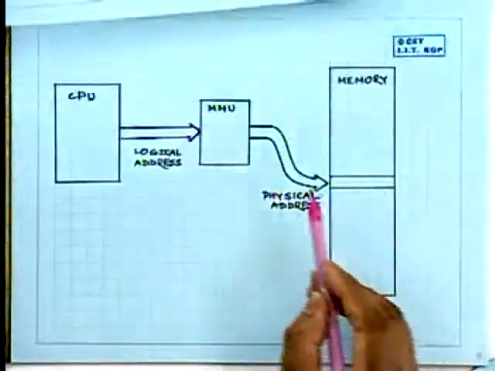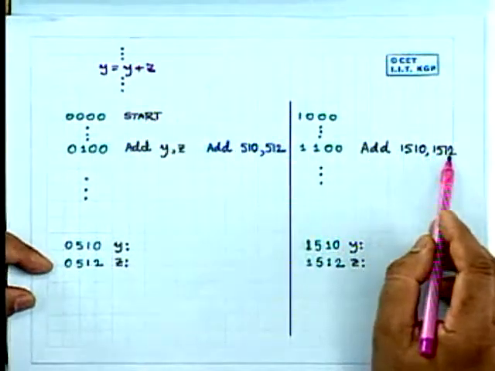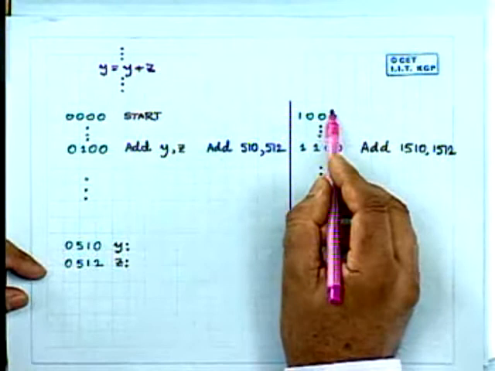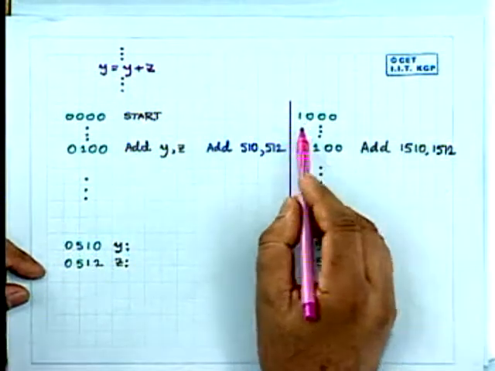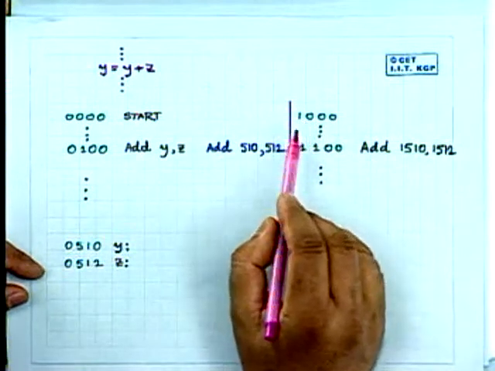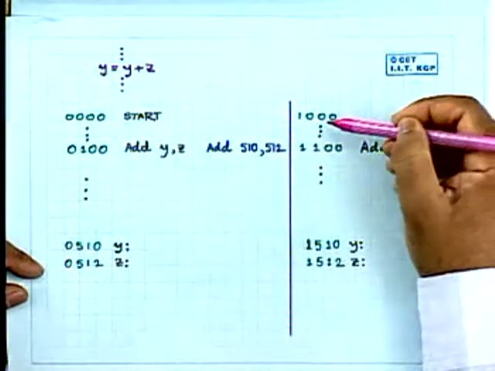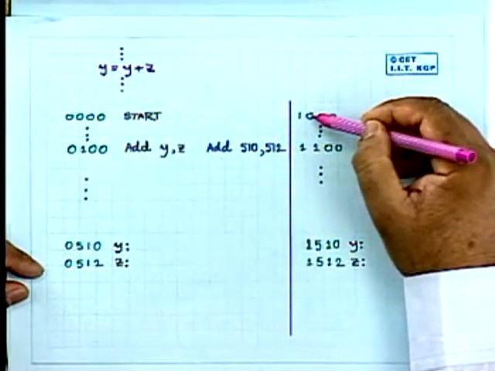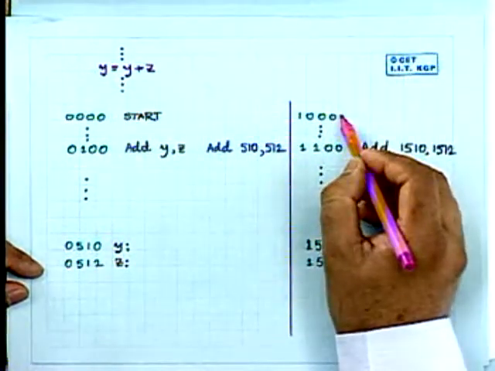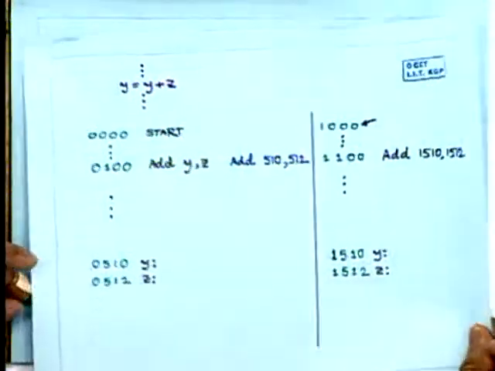To generate this 1510 and 1512, the memory management unit has to be given the information that this particular object module, or binary image module, has been loaded from location 1000. This is the load location of this particular module.